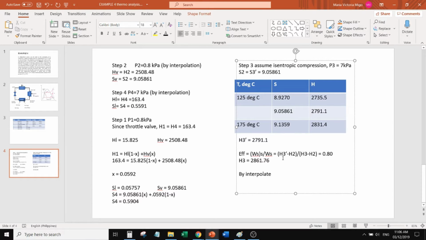So how do we do that? Again, it's via double interpolation. So I leave it to you to solve it. You have to do a double interpolation. Anyway, I'll just show you.